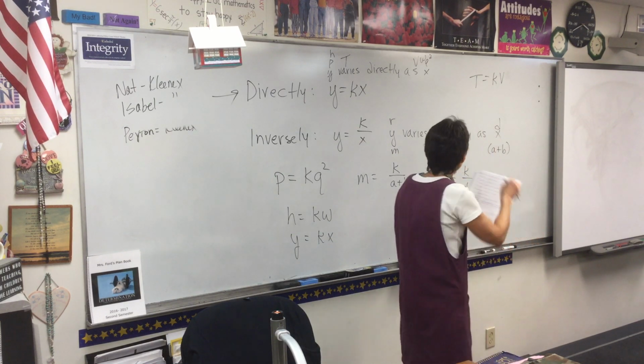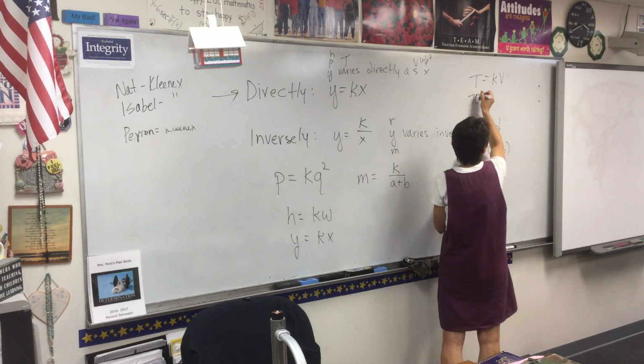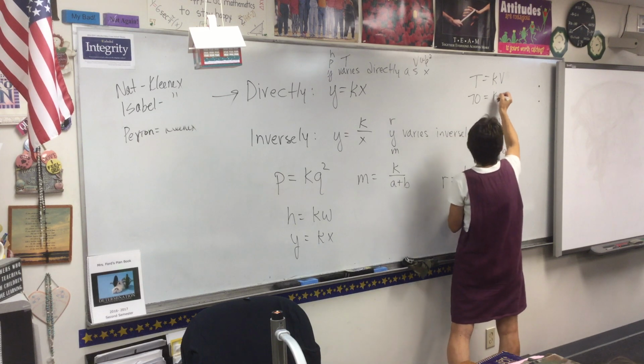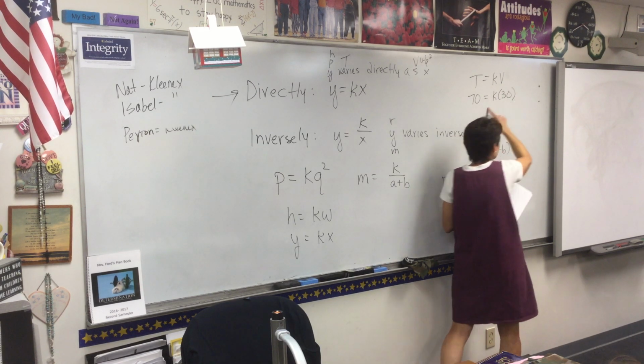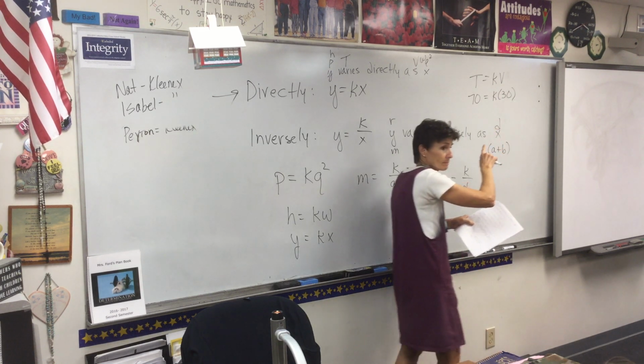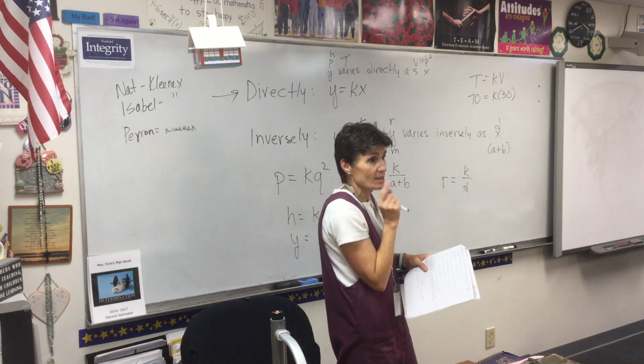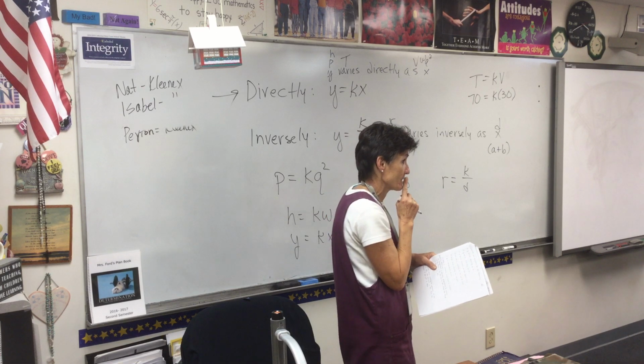Now, if the temperature is 70, then the volume is 30. See what I did? I just plugged in the numbers that they gave me into the equation I built in the first sentence.